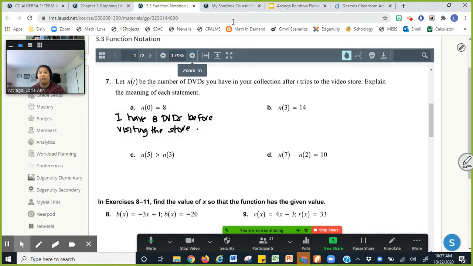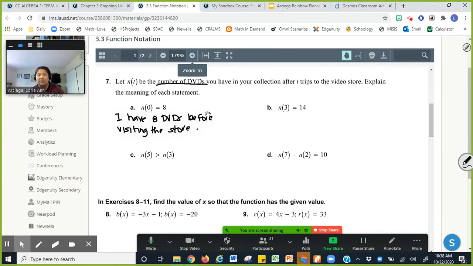Okay, let's try one more from number 7 and then you guys will do the other letters for homework. So let's try letter C. How can we make a story for letter C? N of 5 is greater than n of 3. So remember the n is the number of DVDs, right?